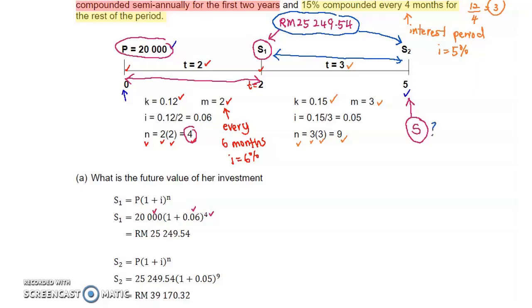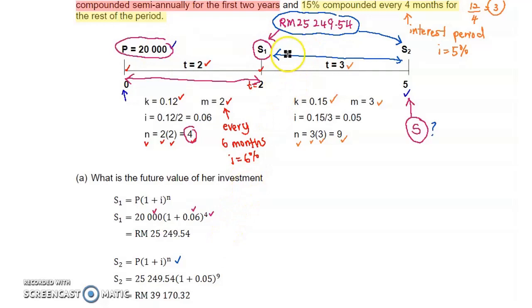So still we use the compound amount formula S equals P(1 plus i) power of n. Remember in compound interest, the principal changes every year. So in the next calculation of value S, S1 will be your new principal. Not 20,000 anymore, now S1 will be the new principal.